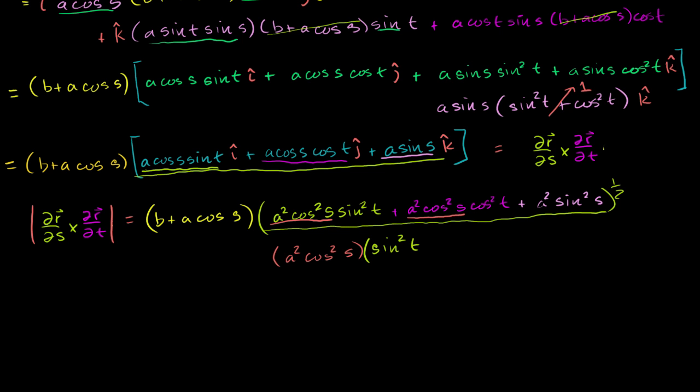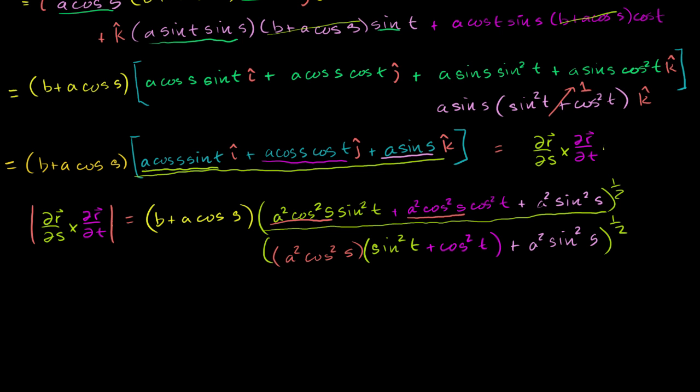Sine squared of t plus cosine squared of t. And then you're going to have this plus a squared. And then you're going to have this plus a squared sine squared of s. And of course, all of that is to the 1/2 power. Now, what is this?